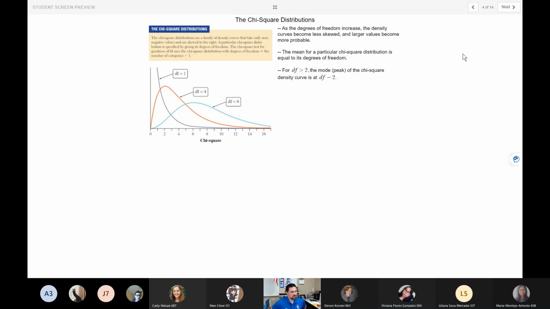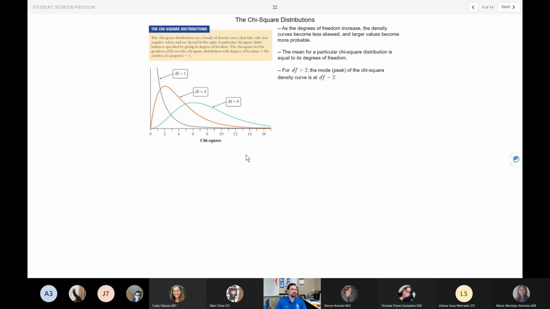We have our chi-square distributions. Chi-square distributions are a family of density curves that take only non-negative values and are skewed to the right. A particular chi-square distribution is specified by giving its degrees of freedom. The chi-square test for goodness of fit uses the chi-square distribution with degrees of freedom equaling the number of categories minus one. We have a couple of models of different density curves for the different degrees of freedom here.